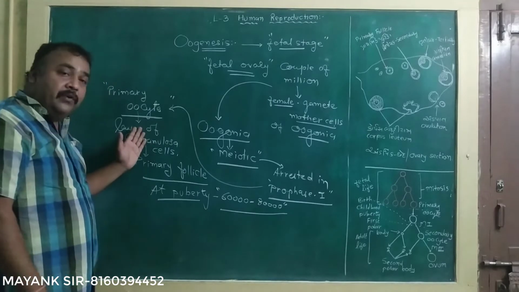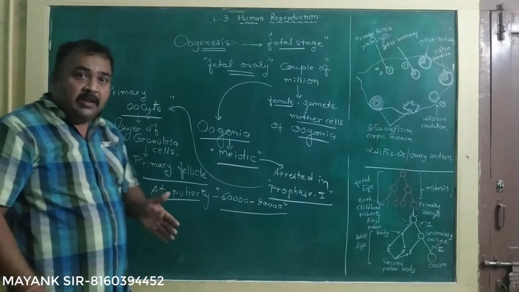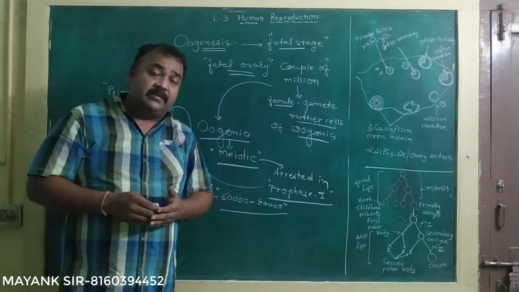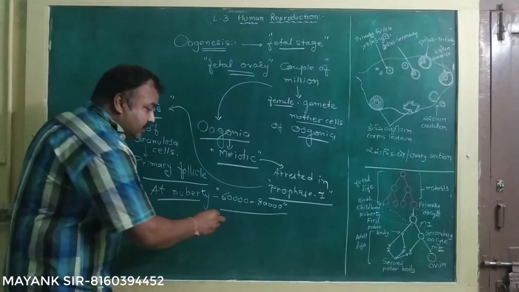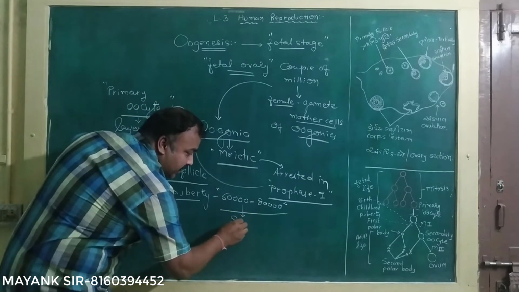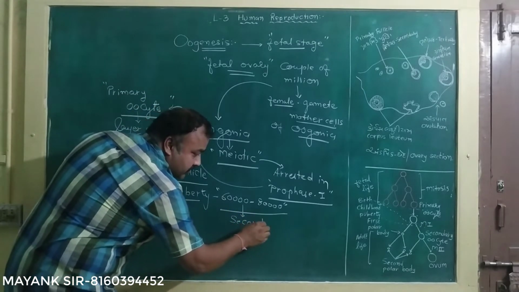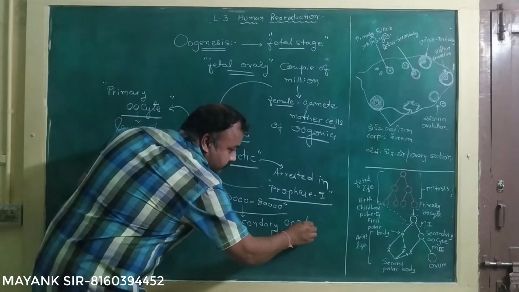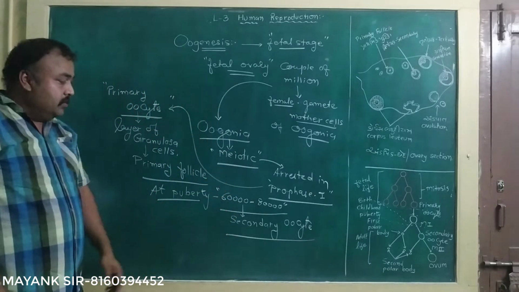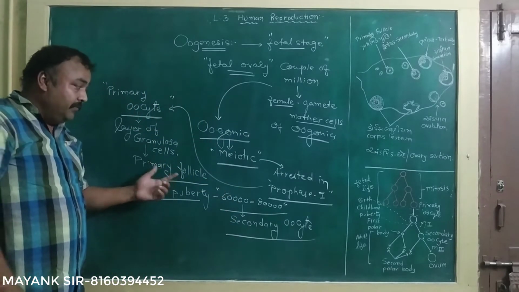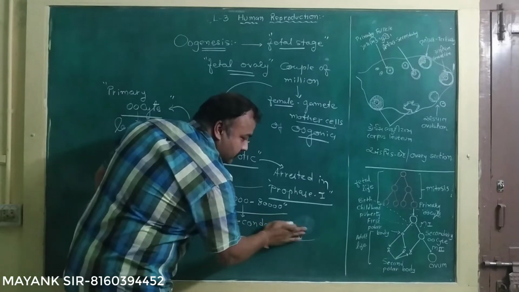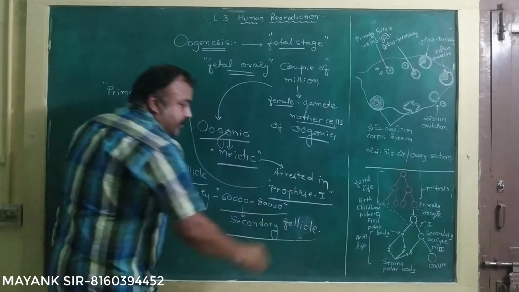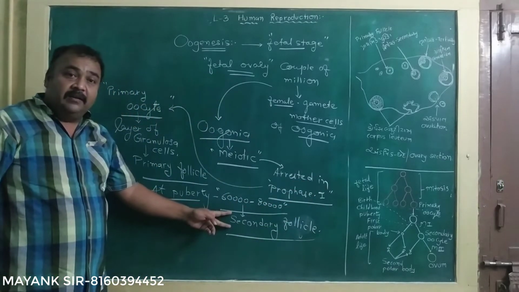Now these primary follicles again develop layers of granulosa cells and new membranes known as theca, and they are converted into secondary follicles.